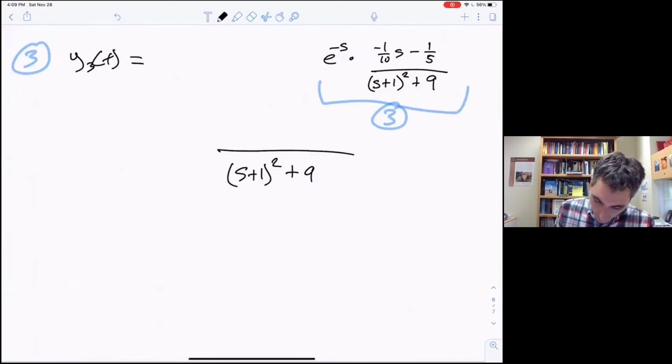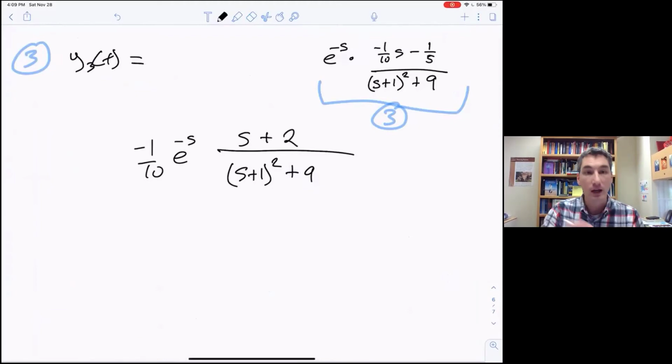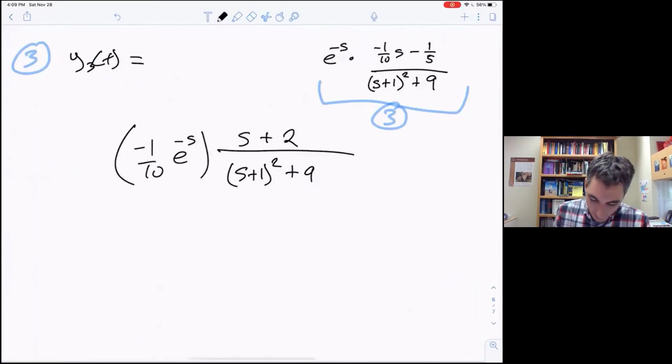I think what I'm going to do is factor out negative 1/10 and the e to the minus s. That leaves you with an s, but I think we're going to have to write plus 2 because 2 times negative 1/10 would give you negative 1/5. Okay? And so that helps a little bit, but s plus 2 isn't quite right.